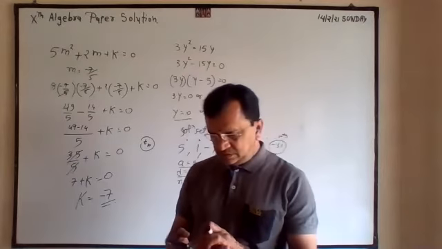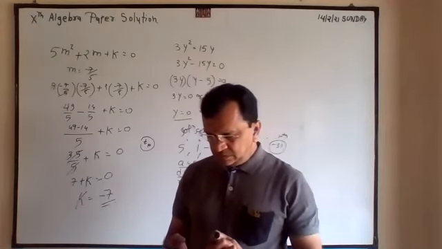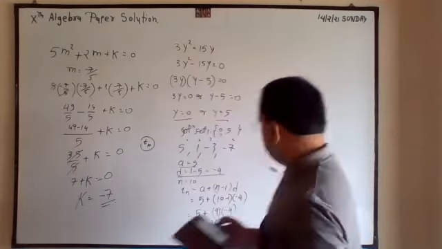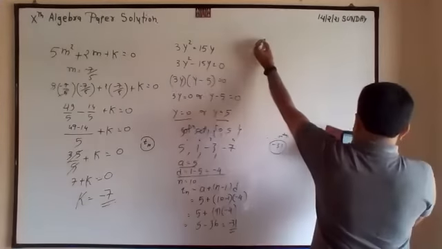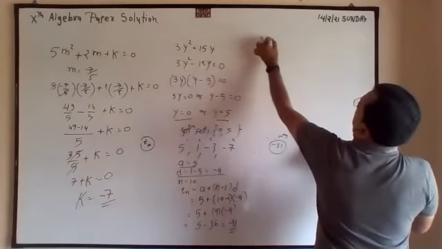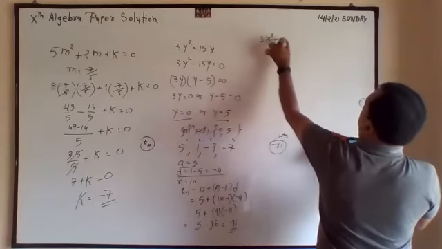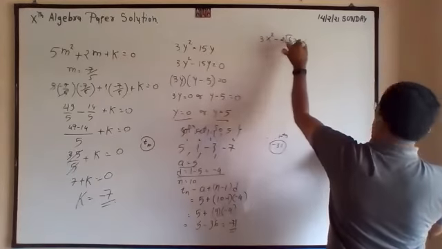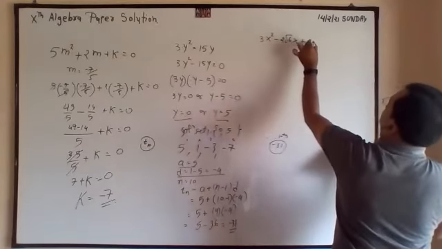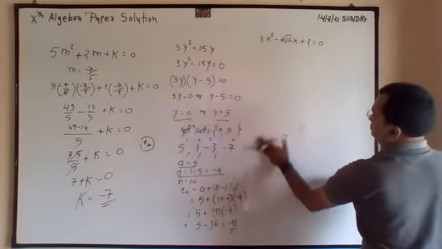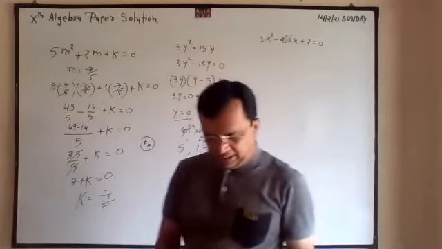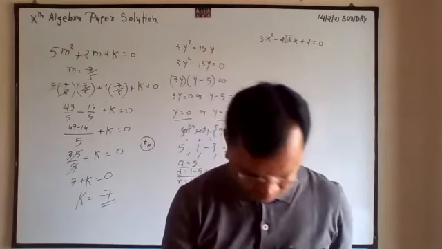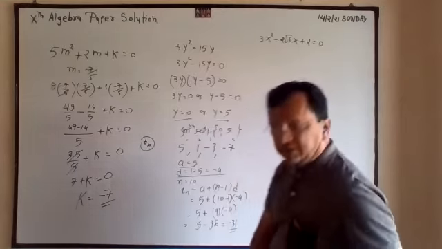Next question. This is very good. 3x square minus 2 root 6x plus 2 is equal to 0. Try to follow the steps.